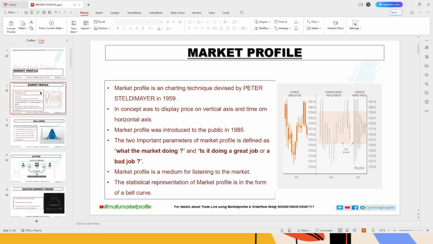Why he introduced it is that once upon a time he was a trader at the Chicago Board of Trade. While trading, he noticed that at some particular time there is some volume happening at a particular price in a wheat contract or some other commodity contract.